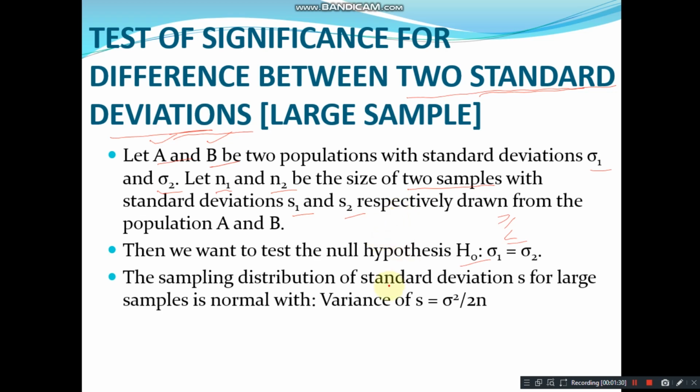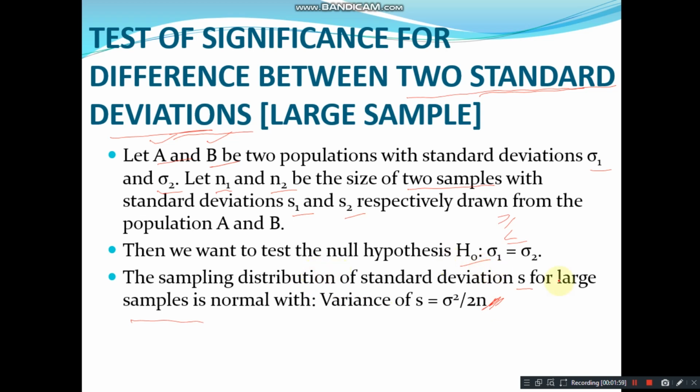Suppose the sampling distribution of a single standard deviation, for a large sample, is sigma squared by 2n. Once you find the sampling distribution and its standard deviation, compared to the standard deviation of the population, you will get the error. It is 1 by 2n. So that's why we can call it the standard error.